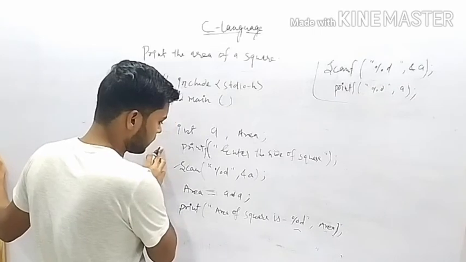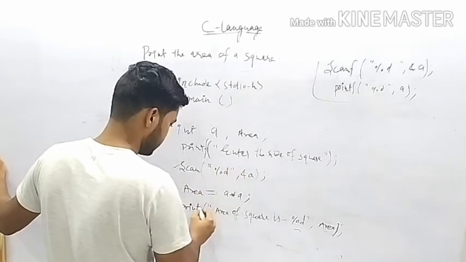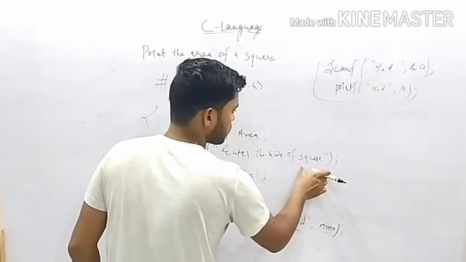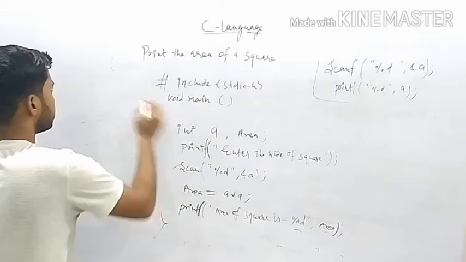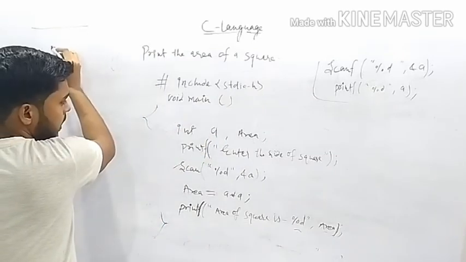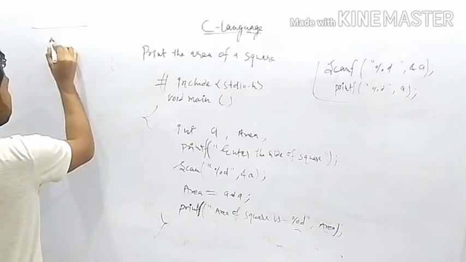Okay, on the screen first it will show that enter the side of square, and then you have to enter a number. For example, you have entered 7.